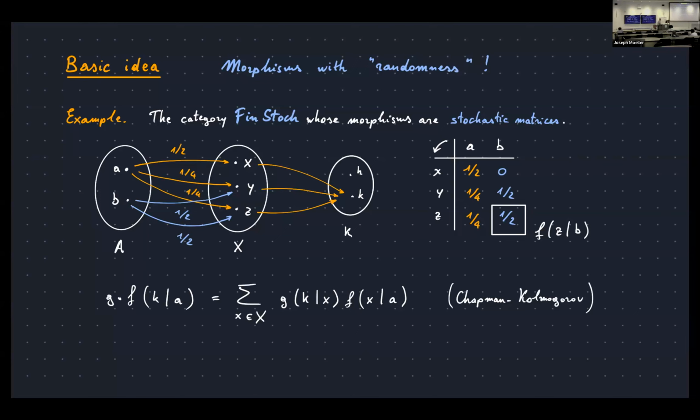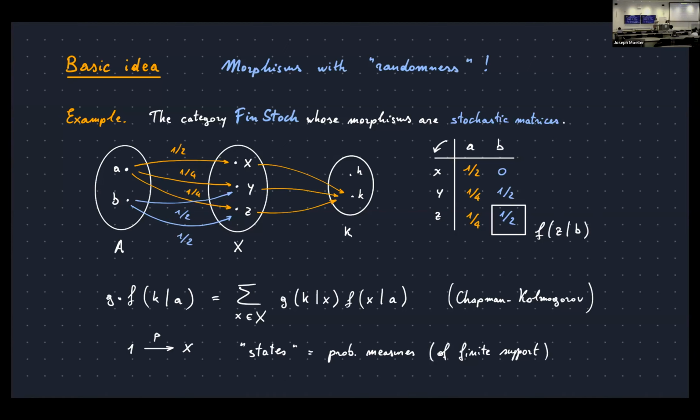Now, we call states morphisms from the monoidal unit, or in this case, from the one-point set. What are those? Okay, those are probability measures, and that's how they enter. Because you see here, each column of the matrix can be seen as a probability measure on X, Y, Z. So for example, this blue one here is like saying that Y and Z both have probability 1/2, okay?